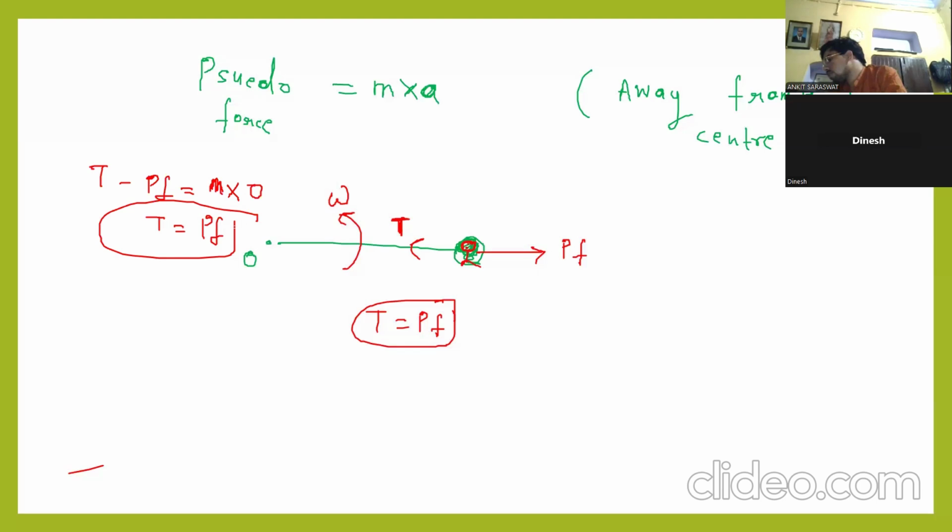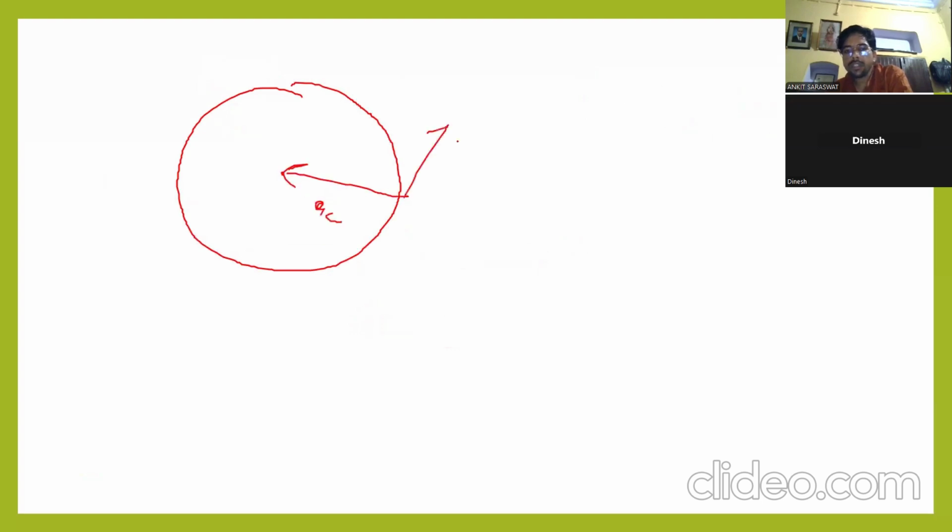So I think I will stop the lecture here. But one question I will ask: a particle is moving in a circular path. One acceleration is towards the center, one acceleration is tangential. Then the net acceleration will be the resultant of these.